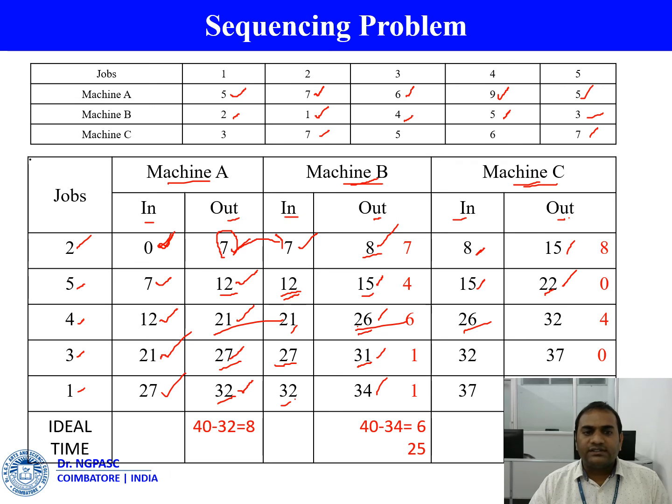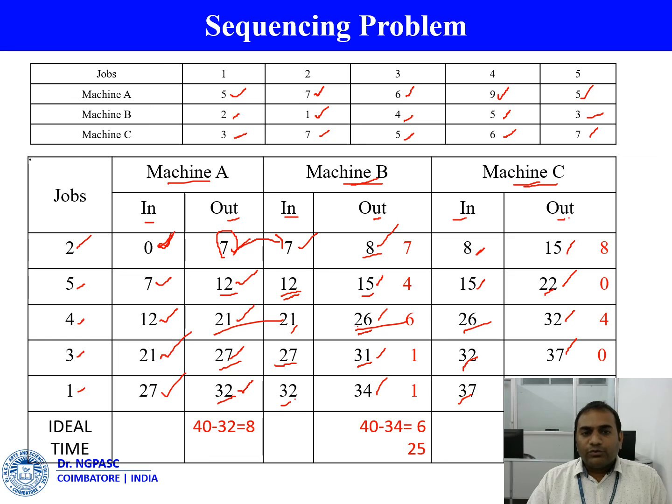In job 4 the processing time is 6. So 26 plus 6 is 32. In job 3 the processing time is 5, so 32 plus 5 is 37. The processing time for job 1 in machine C is 3, so 37 plus 3 is 40. Okay, so we completed this table.